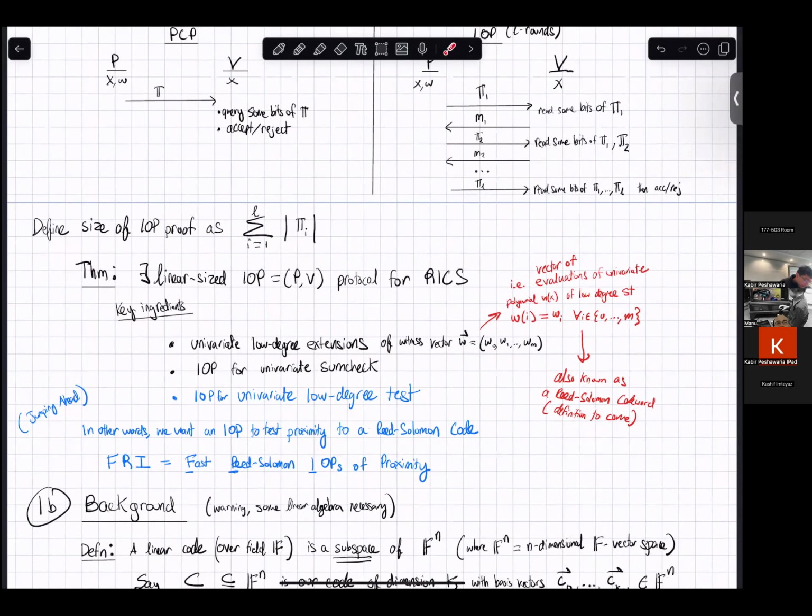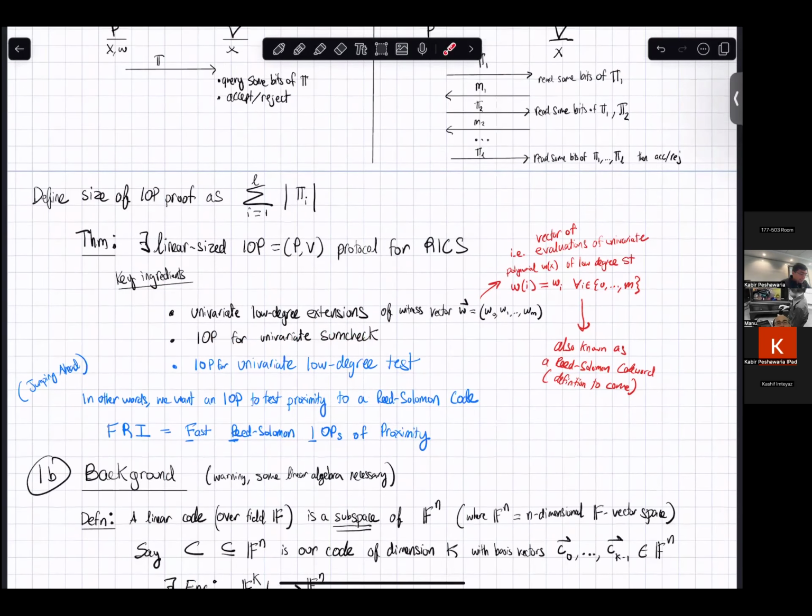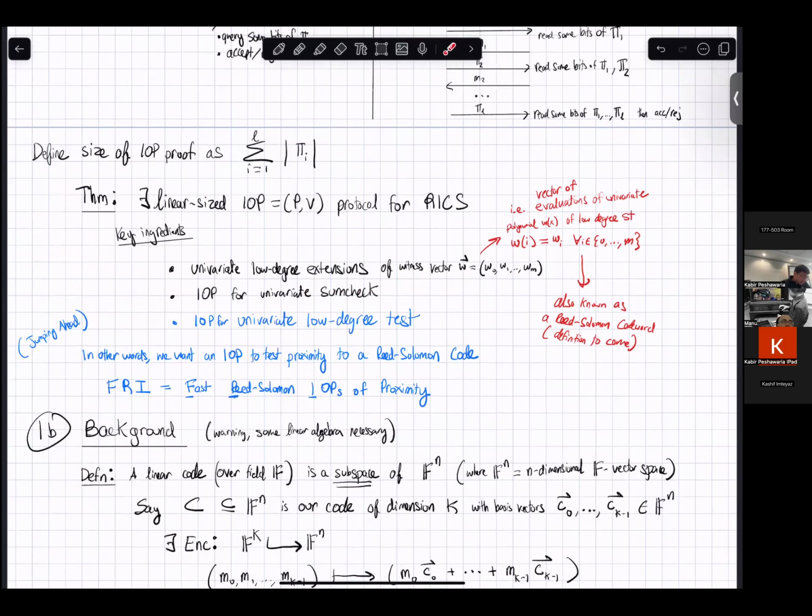Then we do an IOP for univariate sum check, and this turns out to be linear in size. And finally, we do an IOP for univariate low degree testing. This is really what we're going to be talking about today. Jumping ahead, we're trying to get an IOP to test proximity to a Reed-Solomon code, which is basically the same thing as an IOP for univariate low degree testing.